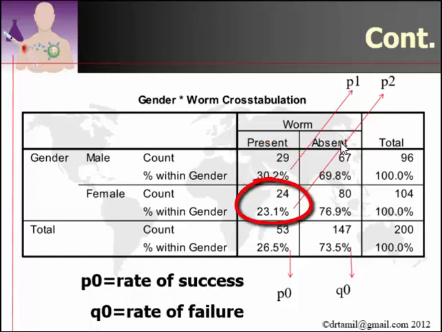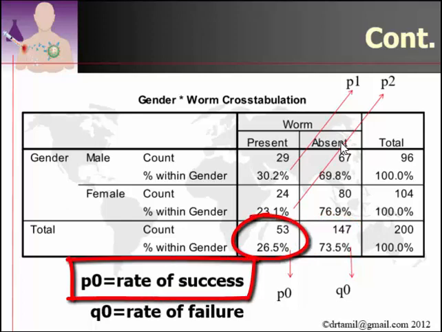This is the P2. 53 divided by 200 is 26.5%. This is the PO. 147 divided by 200 is 73.5%. This is the QO.